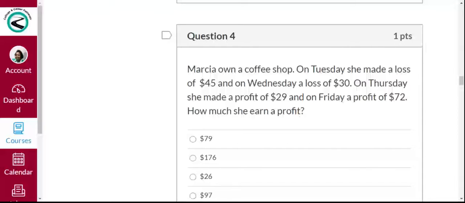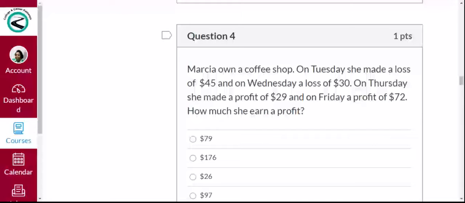How much did she earn in profit? So let's see. She had -45. That's what she started out with. And then she had another loss of 30. So that's a total loss of 75 because you have to add those two negative numbers together.